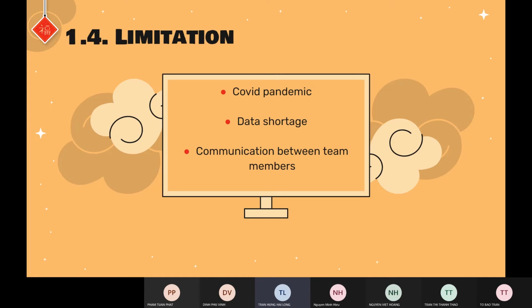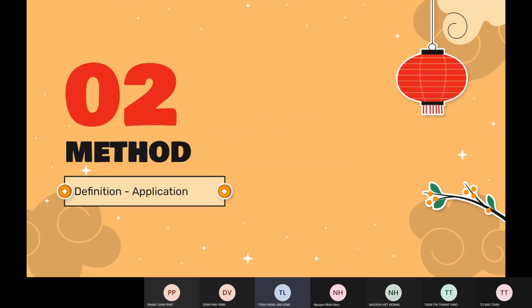The impact of the COVID-19 pandemic has disrupted the collection of necessary information and data. Therefore, the net present value, the annual growth rate in sales, probability of success, and the cost of the projects are only based on previous research, articles, and surveys. Next, my friend will talk about the method.